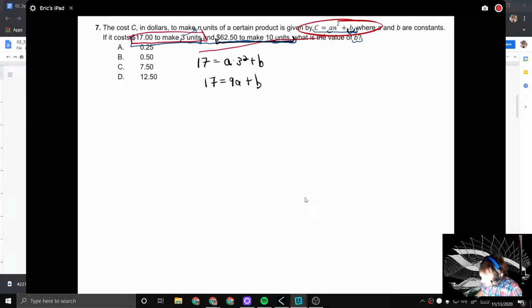So we can plug 10 in for n, and 62.50 for C. A times 10 squared plus B. And so I get 62.50 equals 100A plus B.